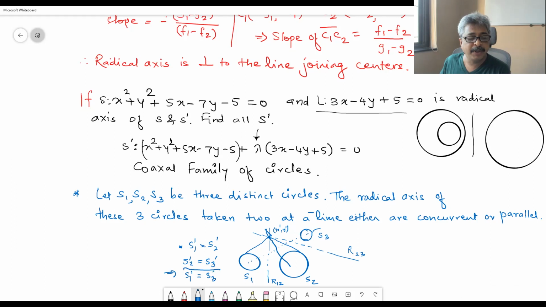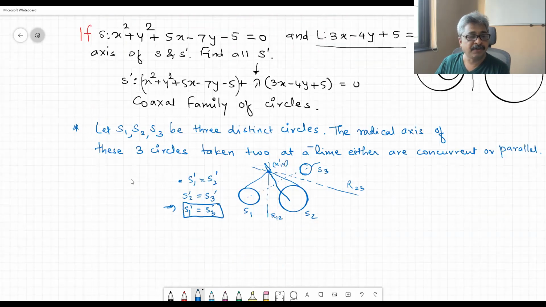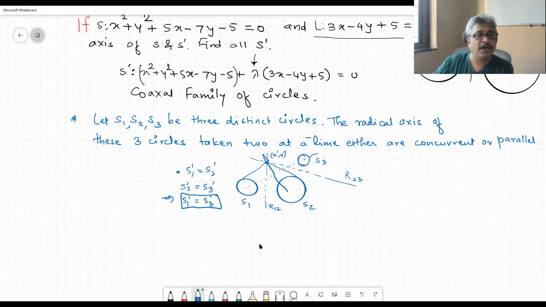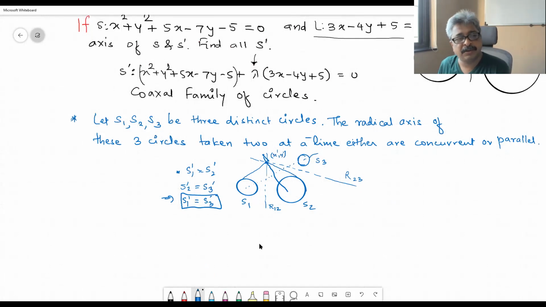That is exactly the same as the concurrency of the three lines and its converse. That is the fun part of it. That point of intersection of the three radical axes is called the radical center.